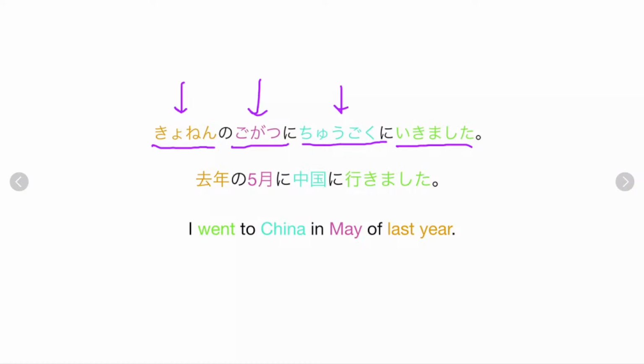Okay, so we have two ni's here. 5月に, this is the time, and 中国に, this is your destination. 去年の5月, in May of last year. 去年の5月に中国に行きました. I went to China in May of last year. 去年の5月に中国に行きました.